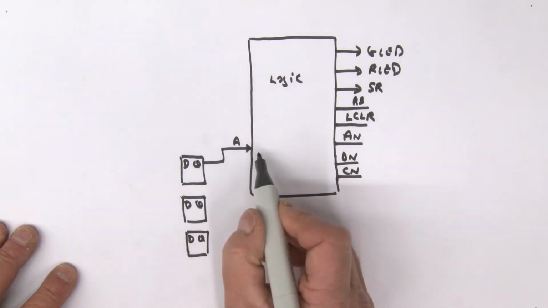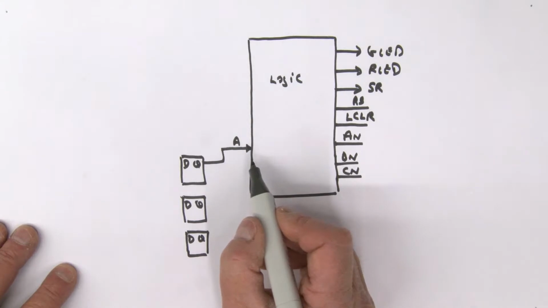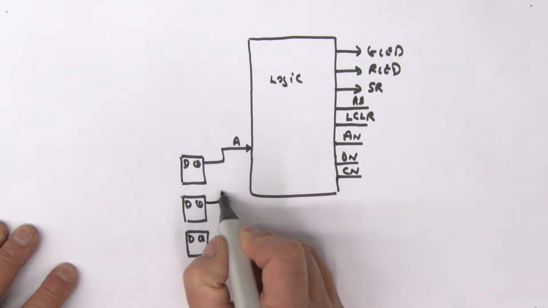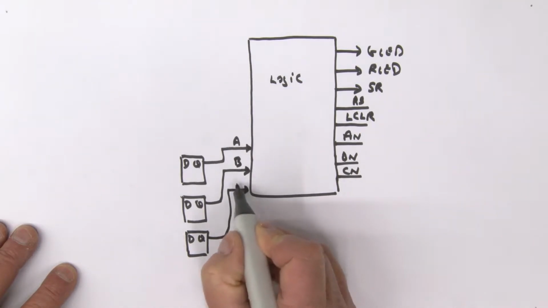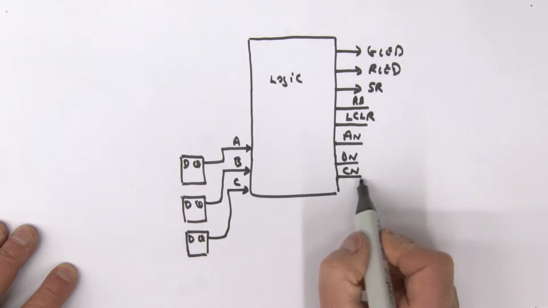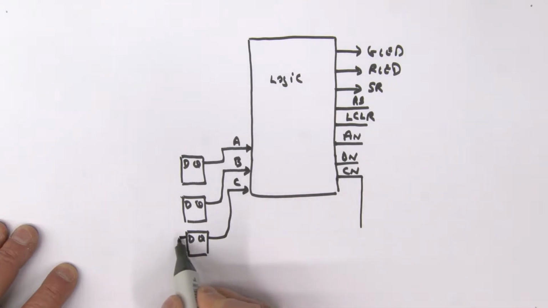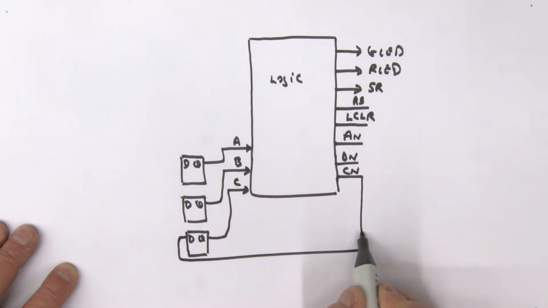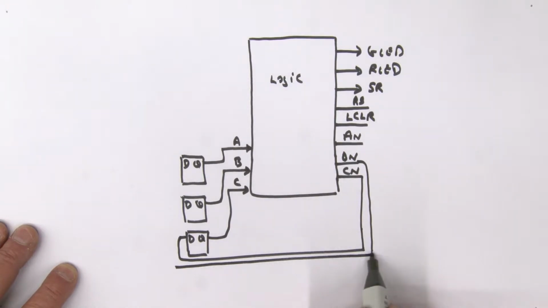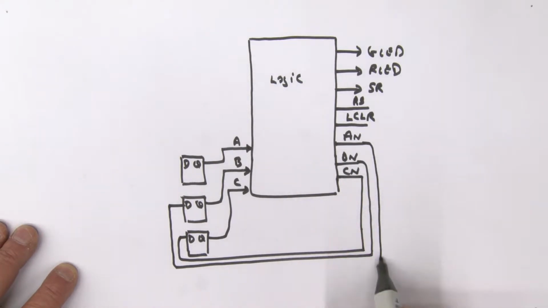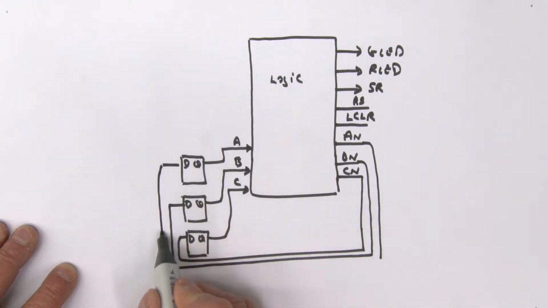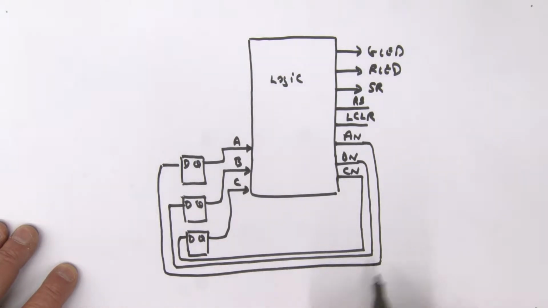Look, I'm not showing that on this diagram just because it tends to become a little bit too cluttered. So here is the B input, and then of course here is the C input. Our feedback, of course, our next state information is fed back to the inputs of these flip-flops like so, and like so. So that's our next state inputs into these flip-flops.